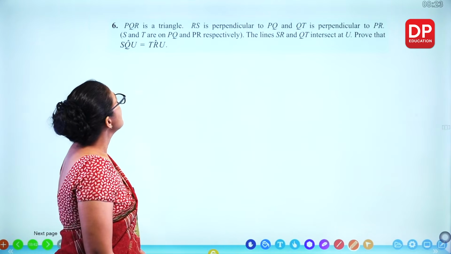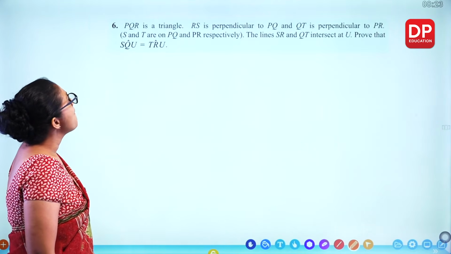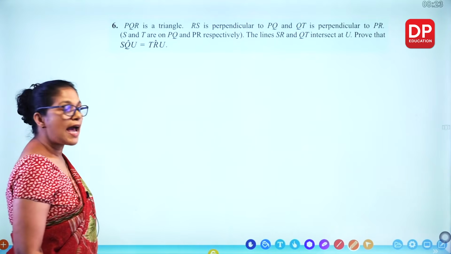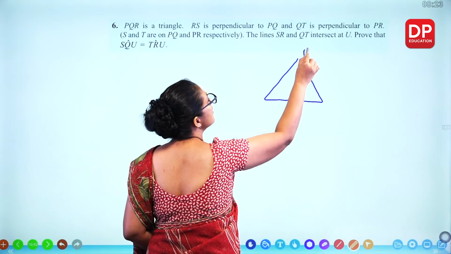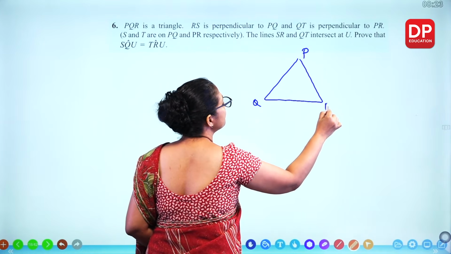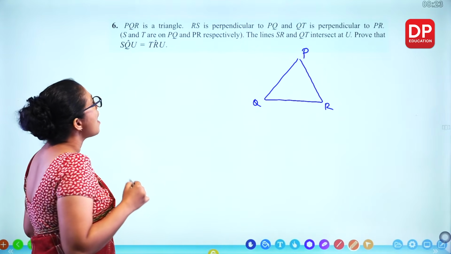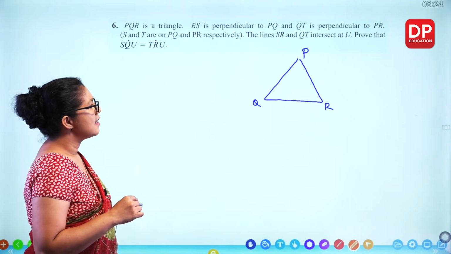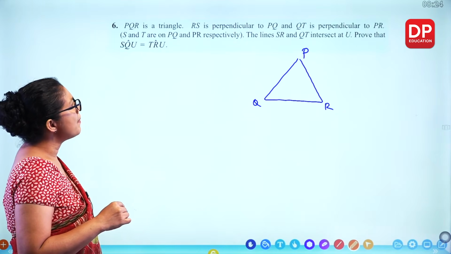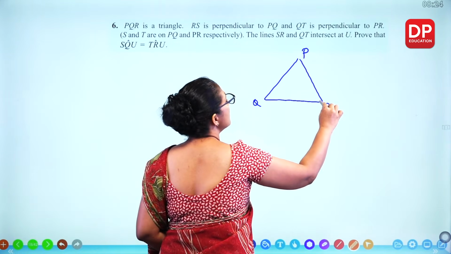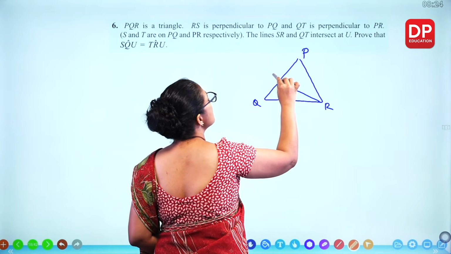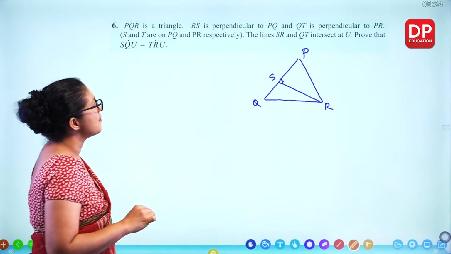We'll look at question number 6. It says PQR is a triangle. So the diagram is not given, so you have to draw it. PQR is a triangle. RS is perpendicular to PQ. So here, somewhere here. So this is RS.